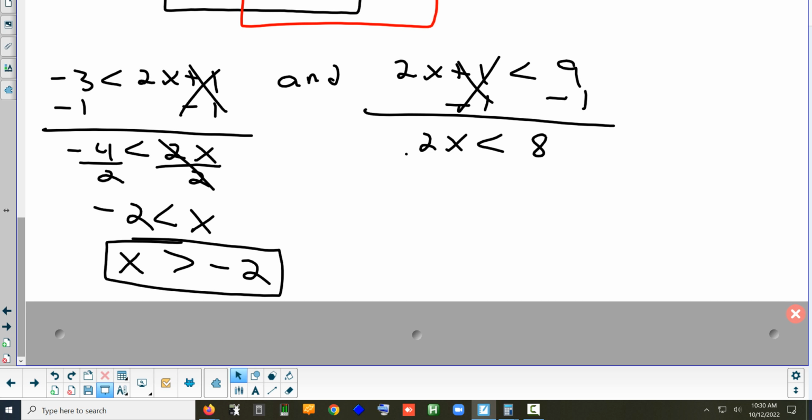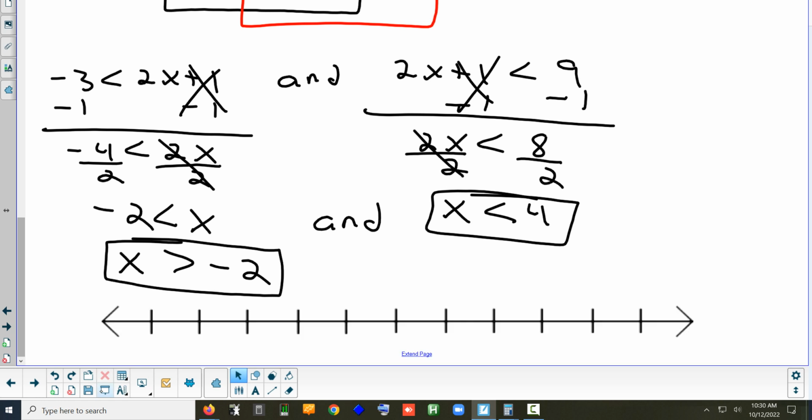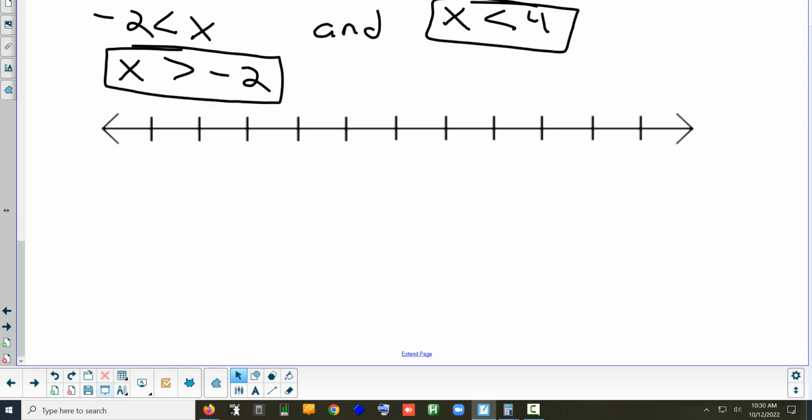Divide both sides by 2. 8 divided by 2 gives me 4. And it's a good idea just to copy down the word "and", that's your answer. So x is greater than -2 and less than 4.